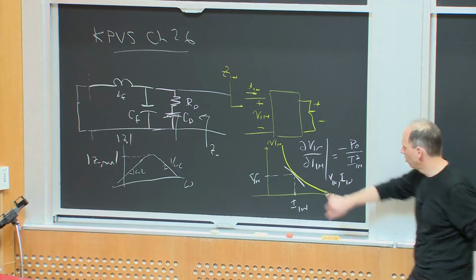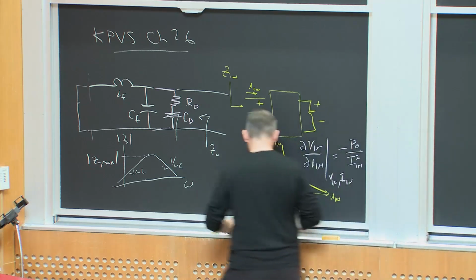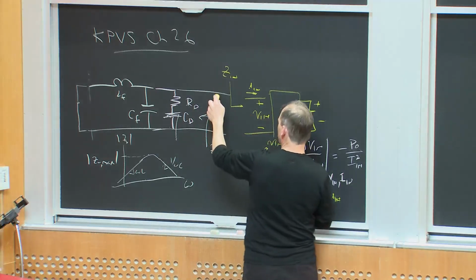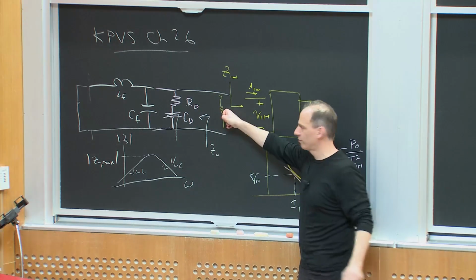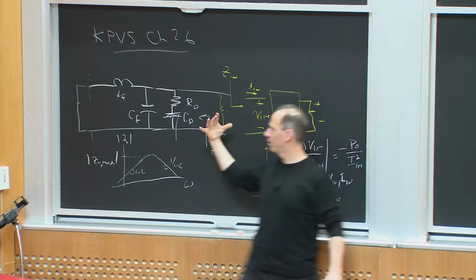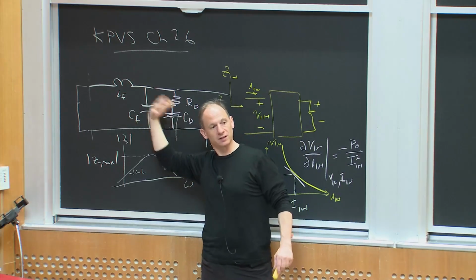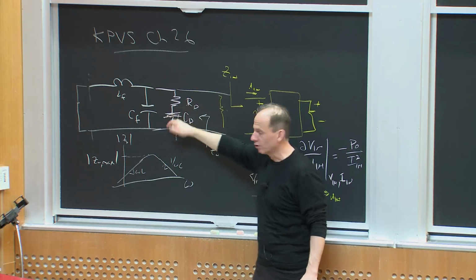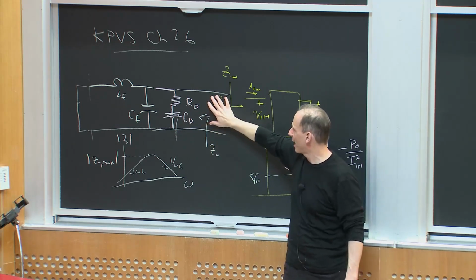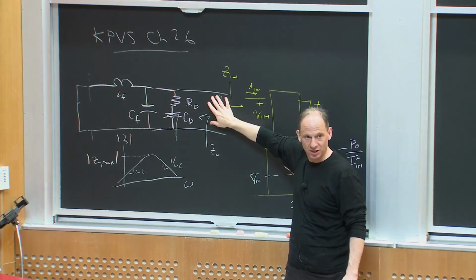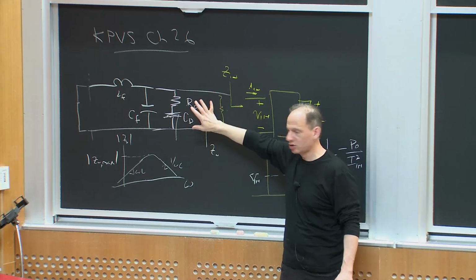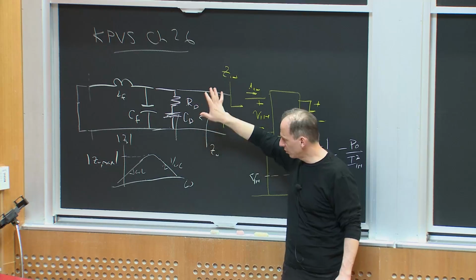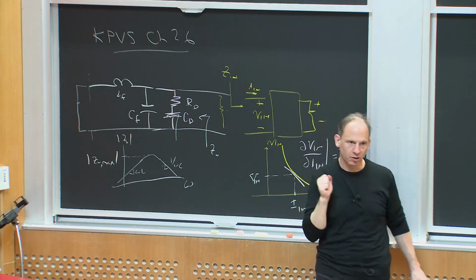So basically, if I'm looking into the converter from the filter, I'm effectively seeing a negative resistor here. And that negative resistor can make this whole thing oscillate. So we always want to make the output impedance of my filter very small compared to the magnitude of my negative input resistance here in order to make sure that this whole system won't oscillate. So that was what I hoped you took away from last class.